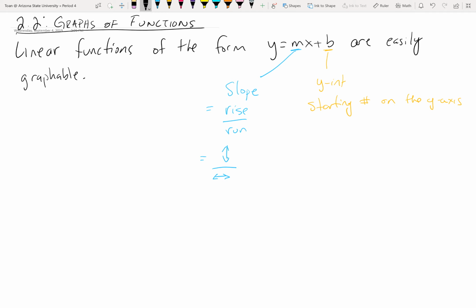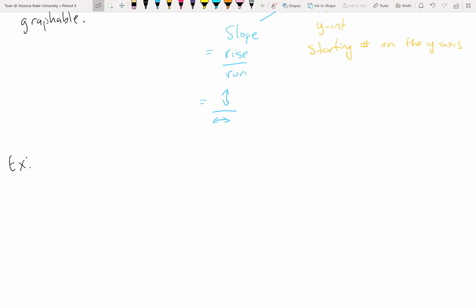So just for the sake of completeness, we'll do one example, even though sketching a line is probably something we can all do in our sleep, which some of us are probably doing right now, talking about graphing lines. Say, for example, I ask you to sketch y equals 2/3 x minus 1.